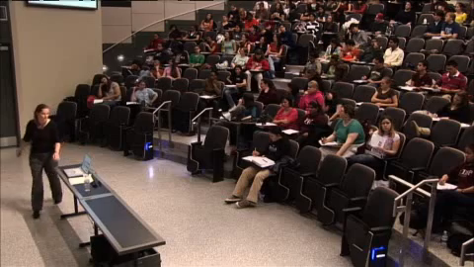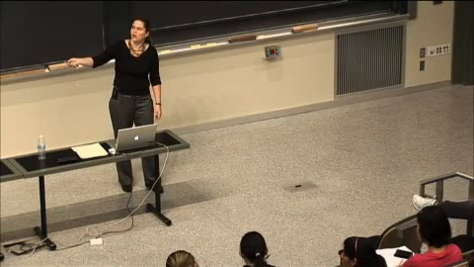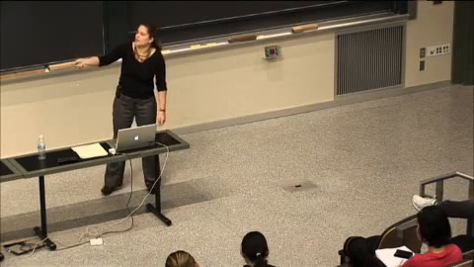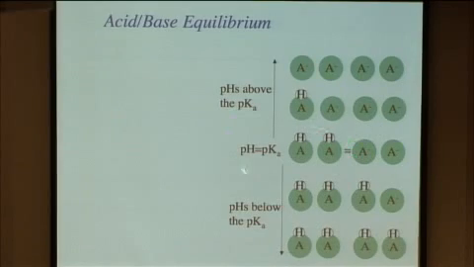So let's look at the figure that's in today's handout and think about this. When the pH equals the pKa, you will have an equal number of moles of protonated as deprotonated. If you're at pHs above the pKa, you'll be more deprotonated. At pHs below the pKa, you'll be more protonated.